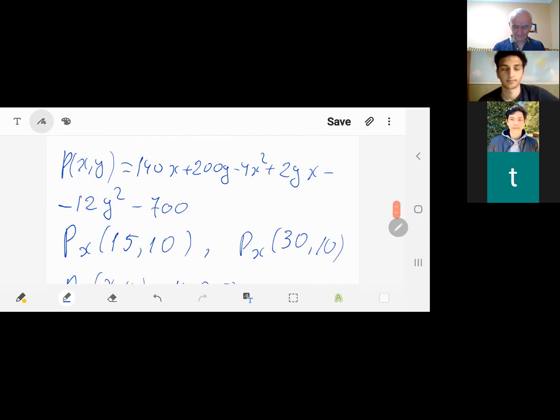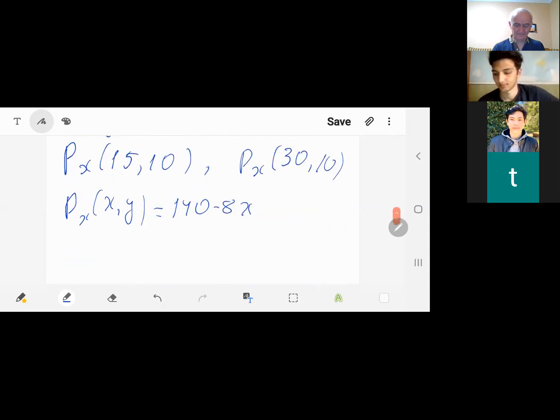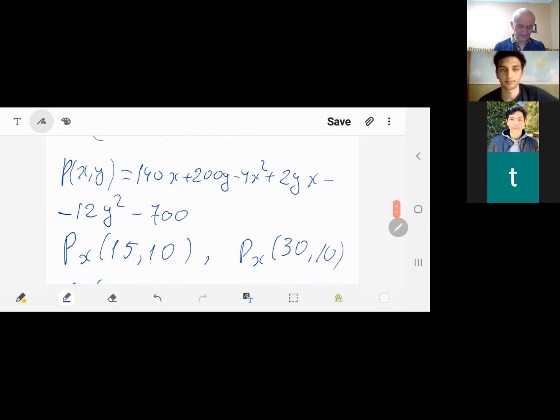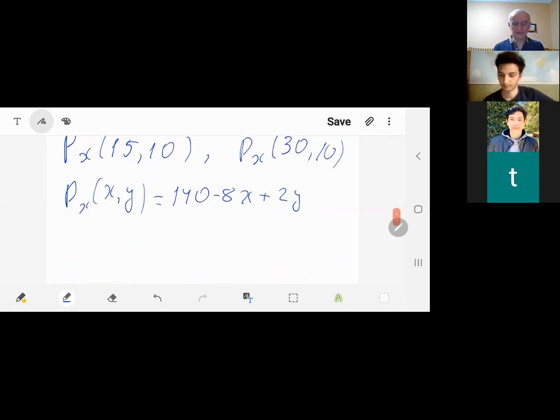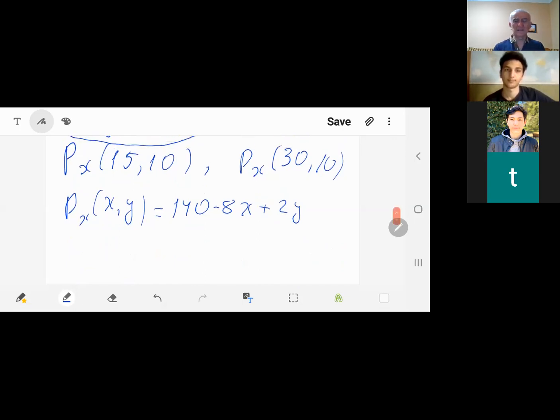And what's the derivative of 2y times x? It's 2y. And finally, this expression we can consider as constant, because both 2 times y squared and 700 are constant. So we got a very simple answer. This is the partial derivative with respect to x.